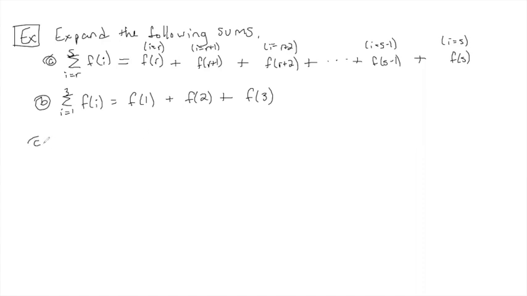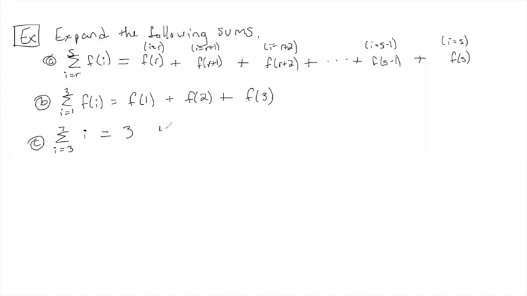Okay, let's try a different function this time. i equals 3 to 7, and let's say the inside of the sum is just i. It's not f of anything, it's just i itself. So this says, take i equals 3 first, plug it in, and it spits out 3, because I'm just plugging in for i, and that's the whole function.